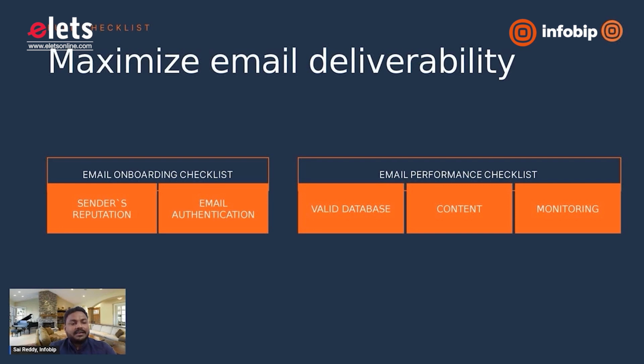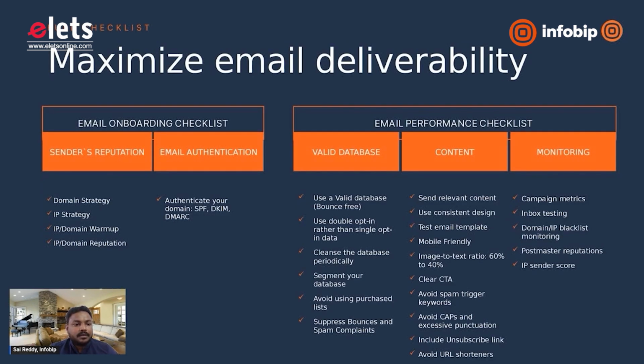So I hope everything is covered, and we have optimized all these things and framed them in such a way that we have made a checklist for all of them: the onboarding side, and, when the onboarding is done and your emails are sending, the performance checklist you need to monitor. So here are the main elements.